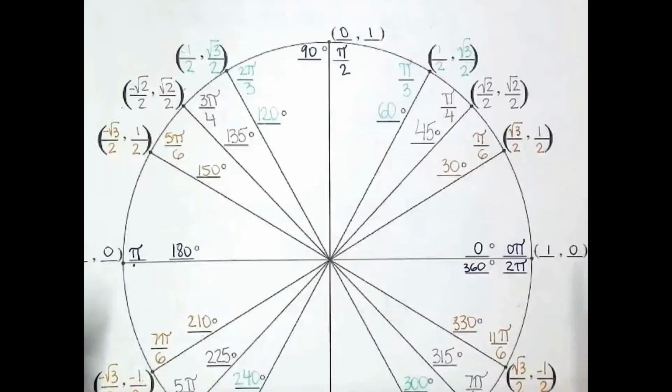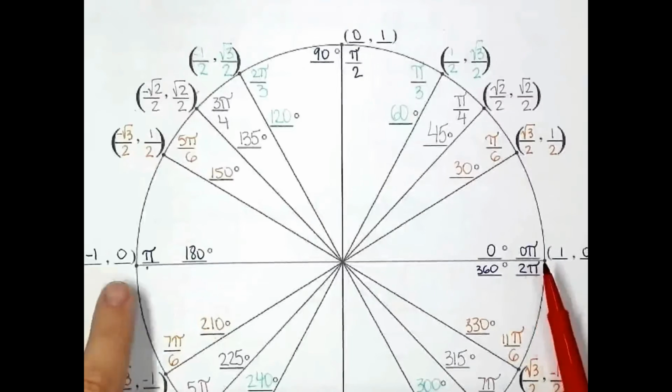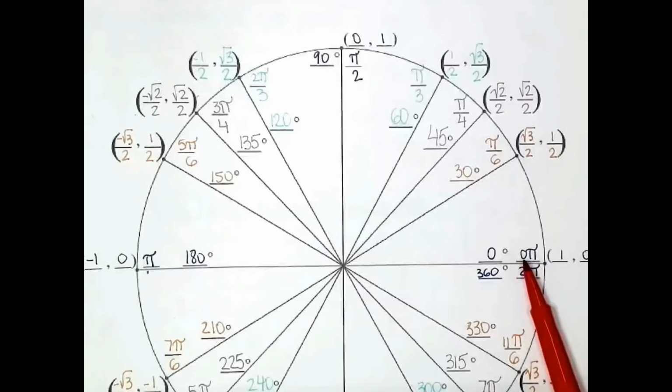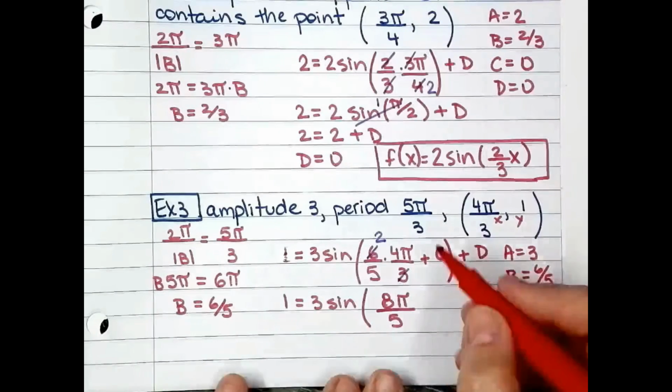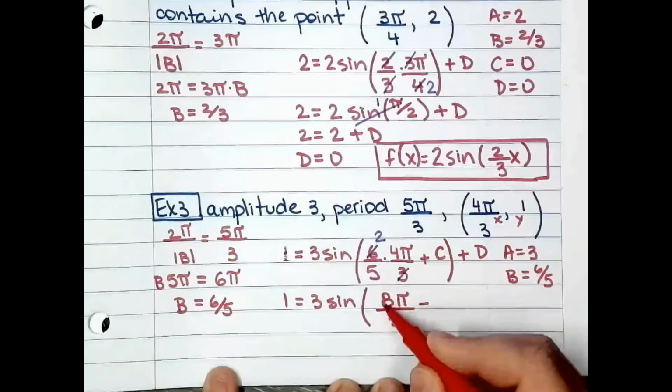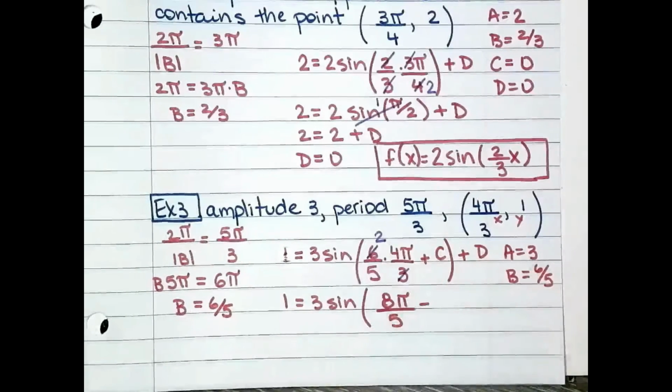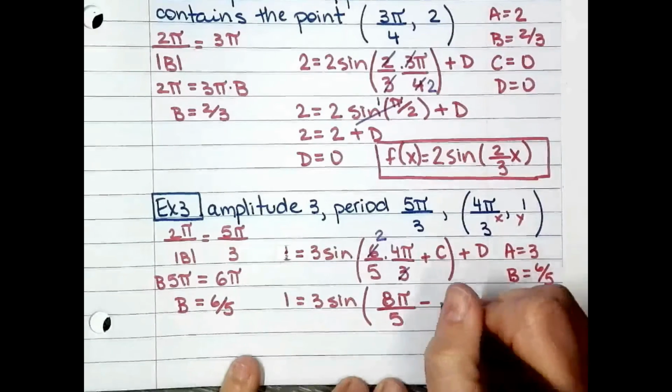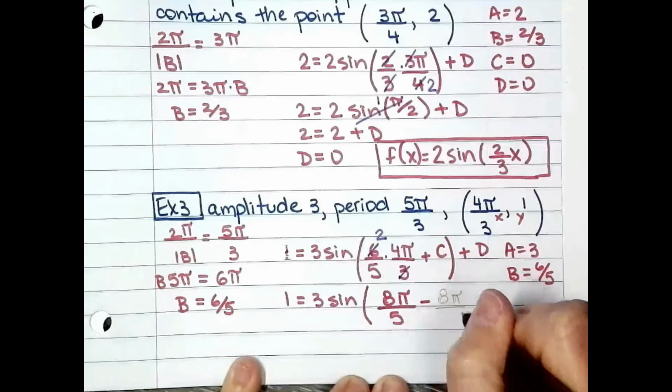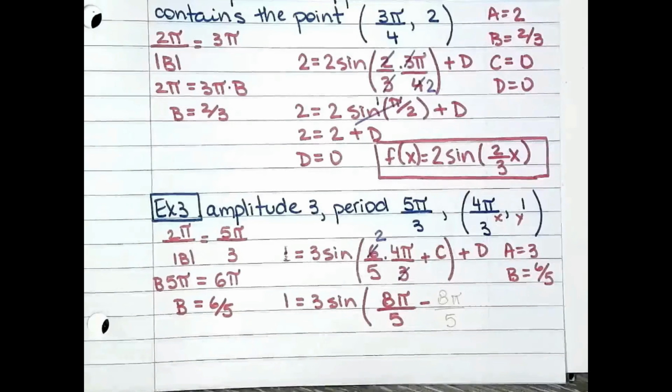You know, everything multiplied by 0. 0 is just beautiful. Anyways, so we're going to try to make this 0 pi. How do you make this 0 pi? Oh, you do minus whatever this value is. Ta-da! So 8 pi over 5.